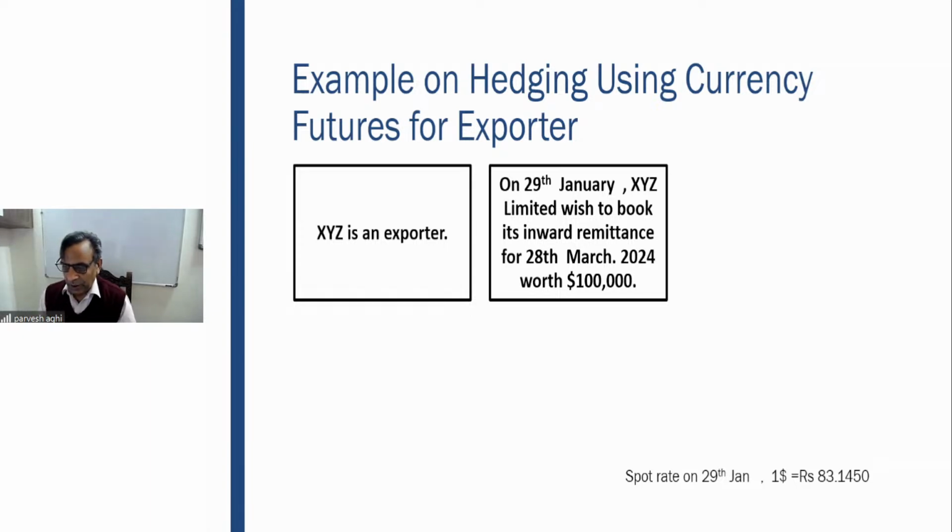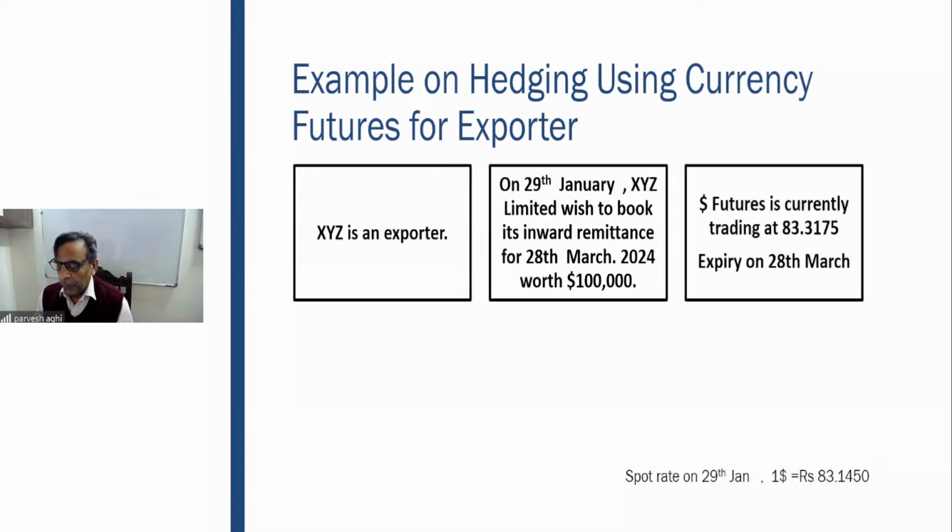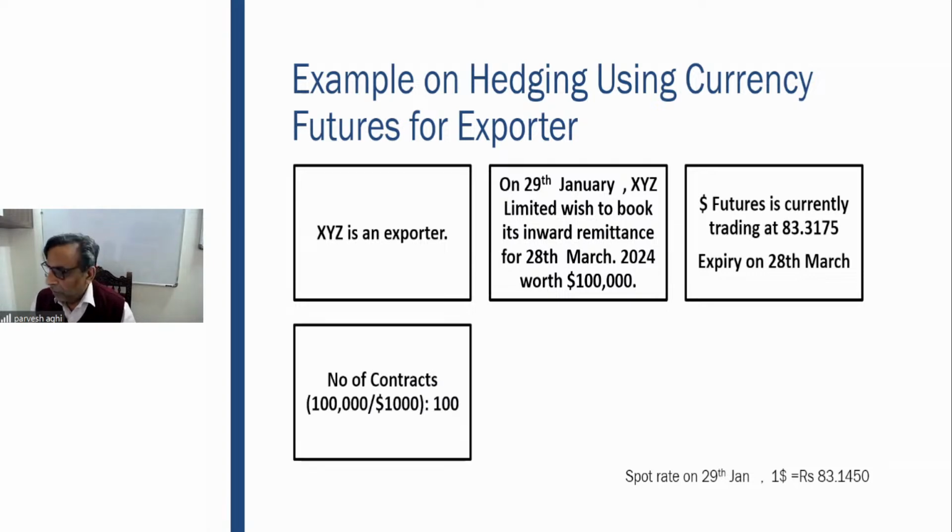So in this case, you are an exporter. You are going to get the payment on 28th of March. So assume today the date is 29th of January. You saw the dollar future selling at 83.31, expiry 28th of March. So this is the March window, and around 29 January it was selling at 83. Again, you have to look at how many contracts you have to choose.